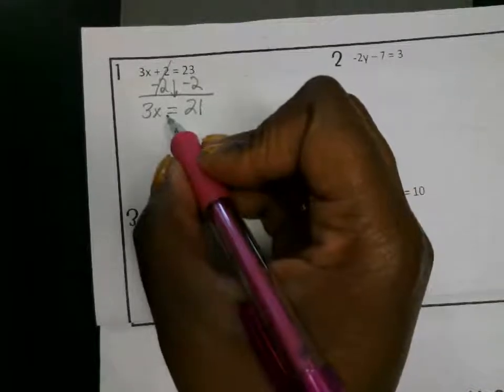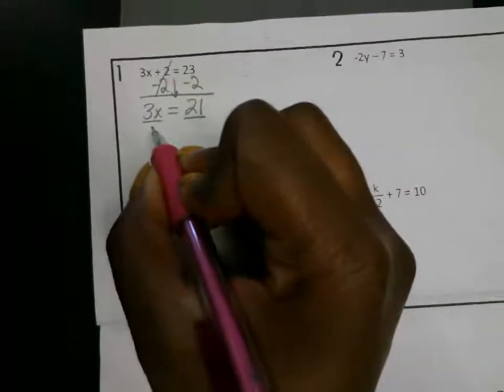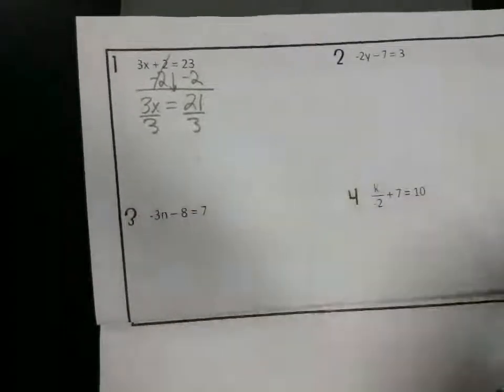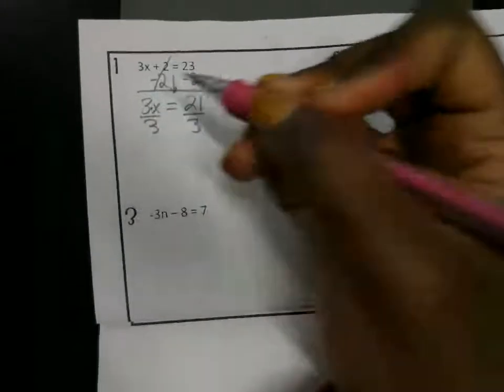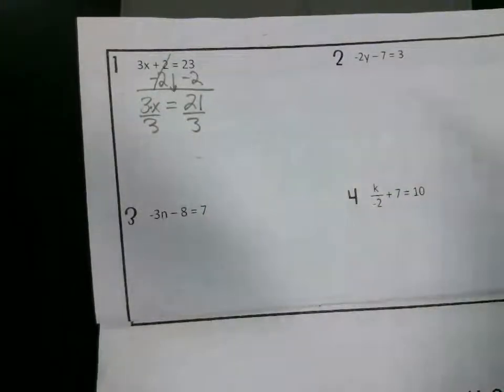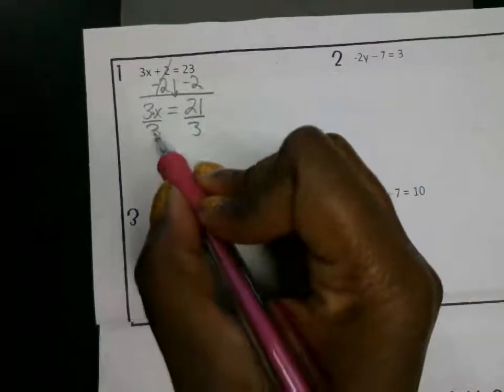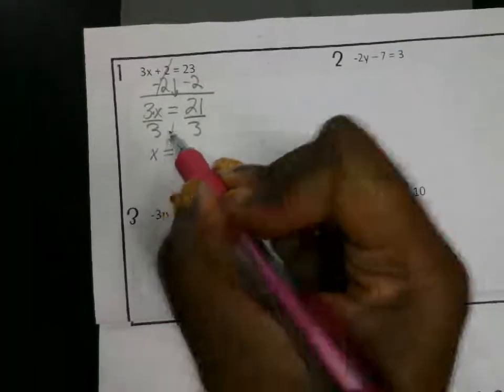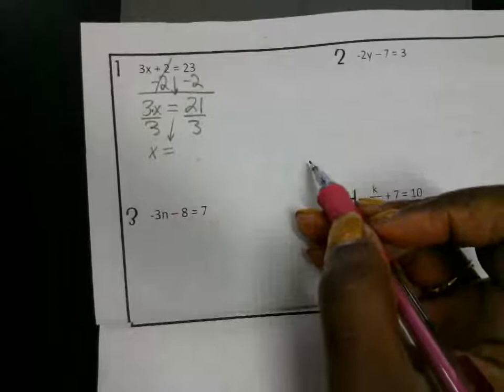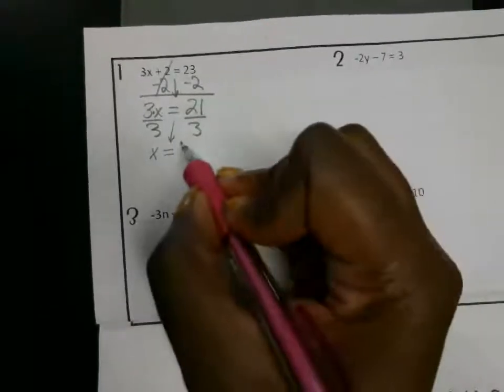Divide both sides by what number? 3. Remember, this is multiplication. The opposite of multiplication is division. This is going to give me 3 divided by 3 is 1x or just x. What's 21 divided by 3? 7.